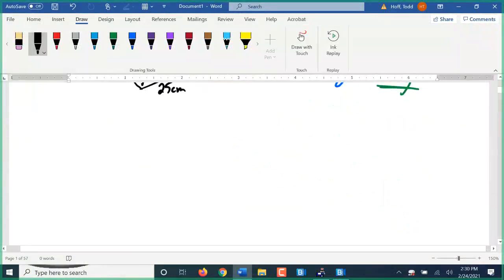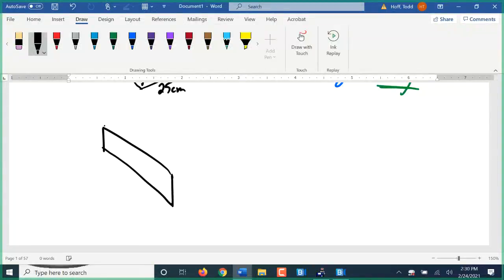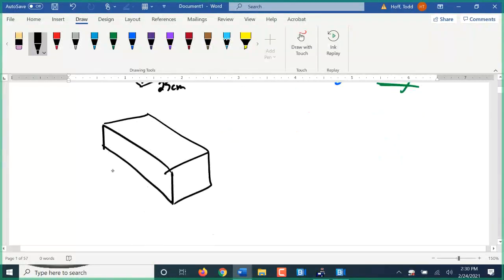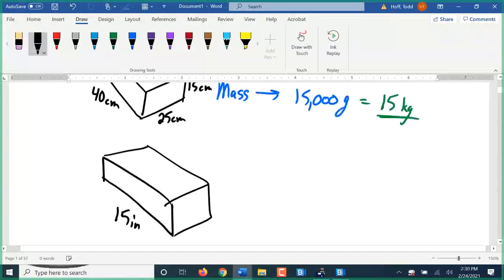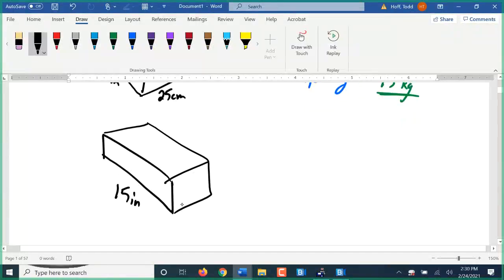Go back to our standard units, however. Let's say that we have 15 inches here, 10 inches, and 7 inches.